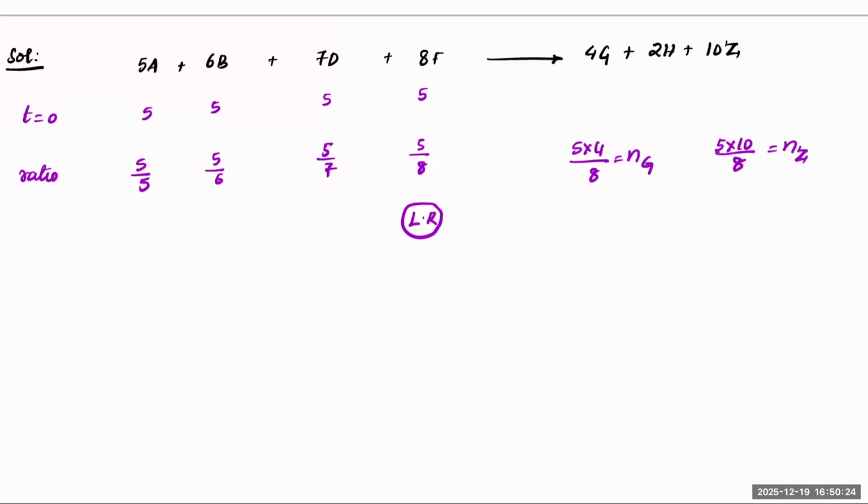Now you can use this information for identifying anything left over also. Check out. For 8 moles, 6 moles are required. But for 5 moles, how much is required? I'm writing it as minus. So it will be 6 into 5 divided by 8.